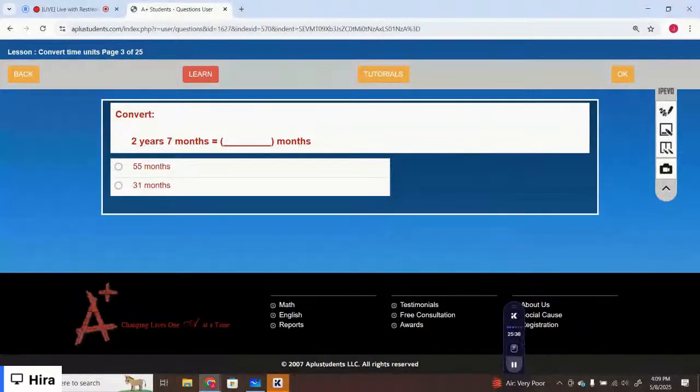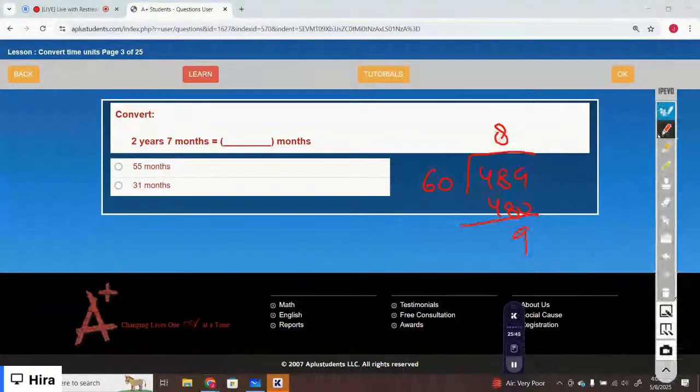2 years, 7 months. We have to convert it into months. So 2 years means 2 times 12 equals 24.